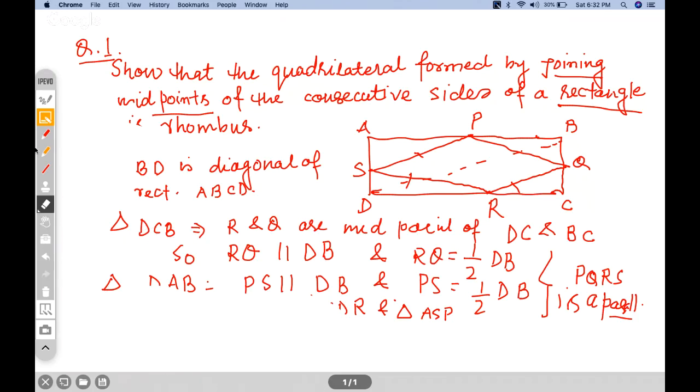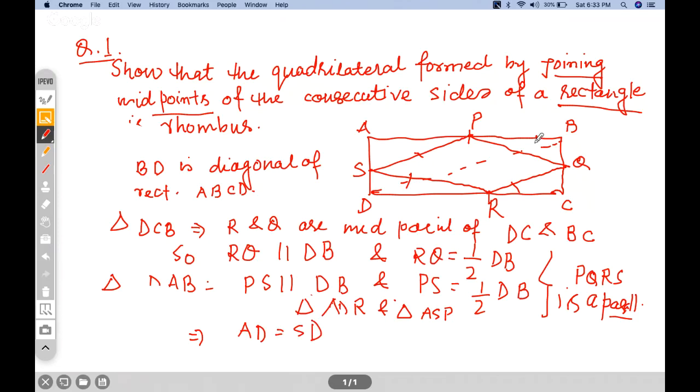Or you can take the other side of the triangle also. If I take triangle ADR, so I know that AD is equal to SD.